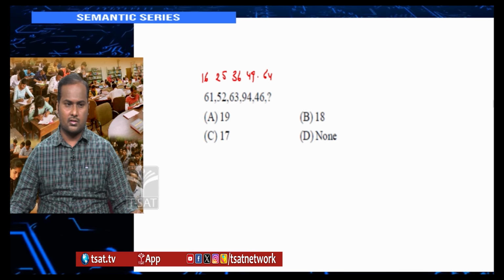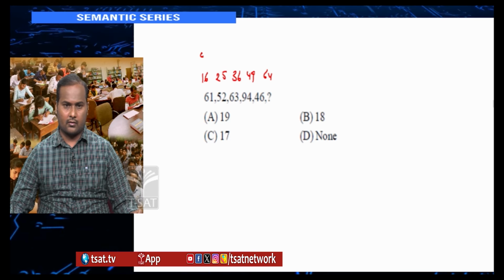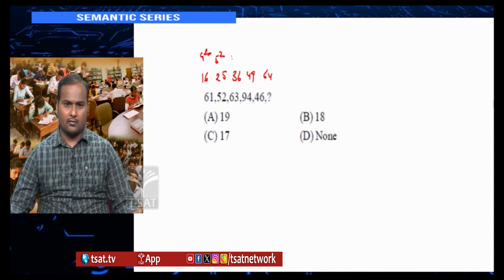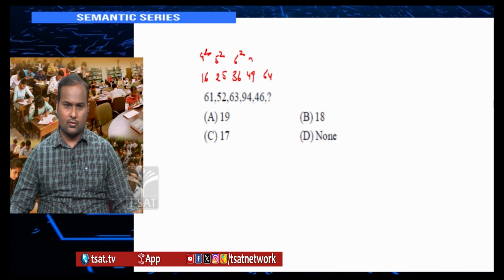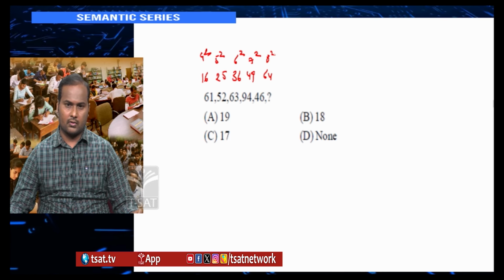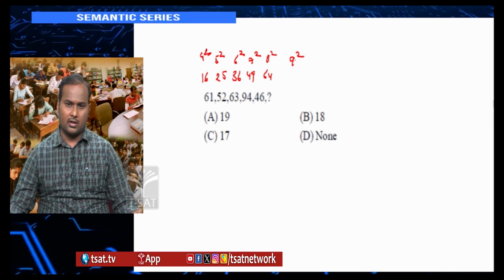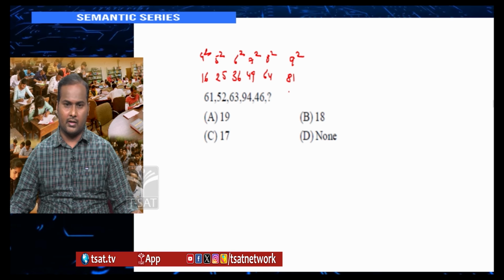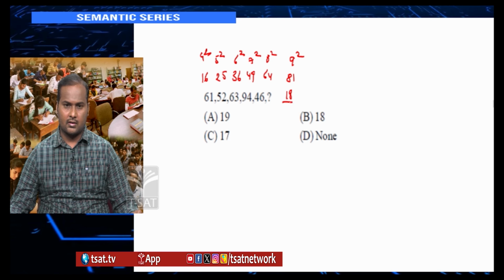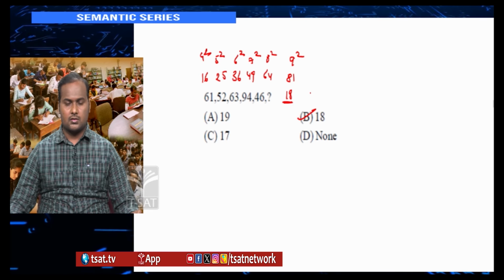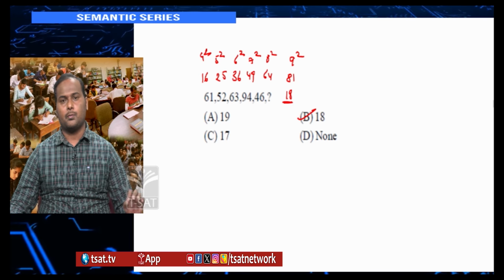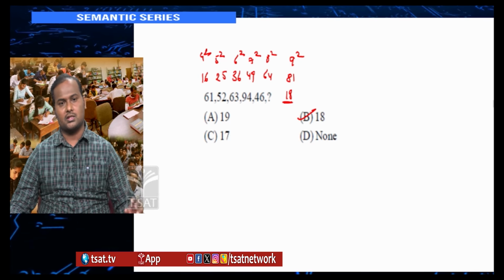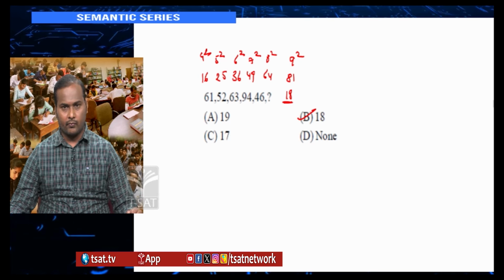The moment you see this, all these are squares like 4 square, 5 square, 6 square, 7 square, 8 square. The answer will be 9 square. 9 square is 81. You reverse this 81, you will get the answer as 18. So, this kind of questions you will recognize by practice. The more you practice, the more easily you will recognize this kind of series.